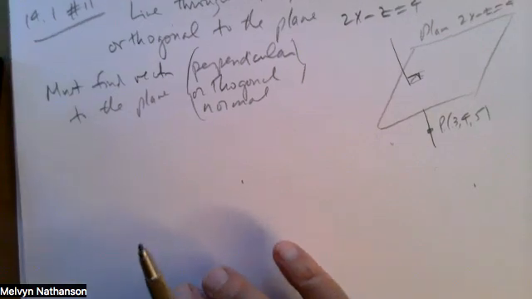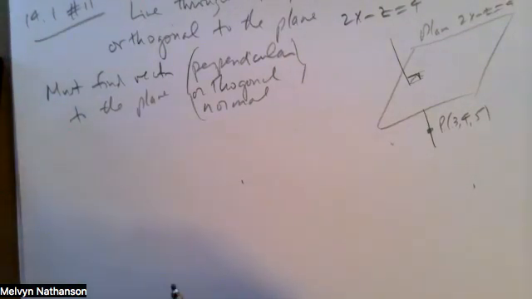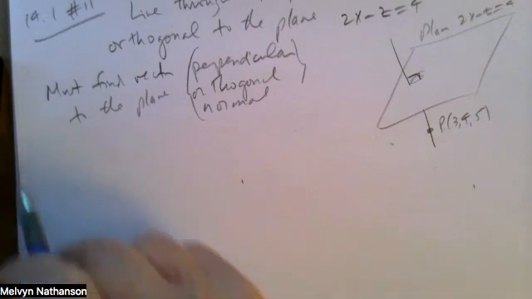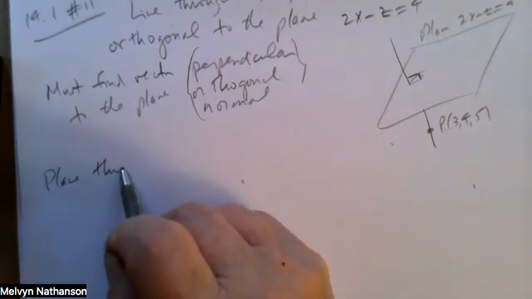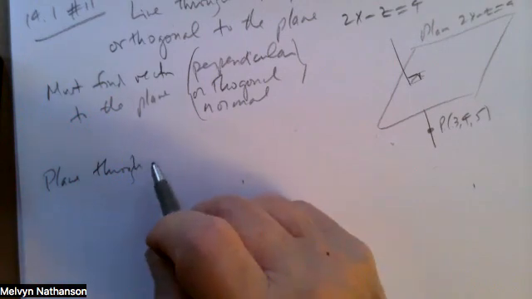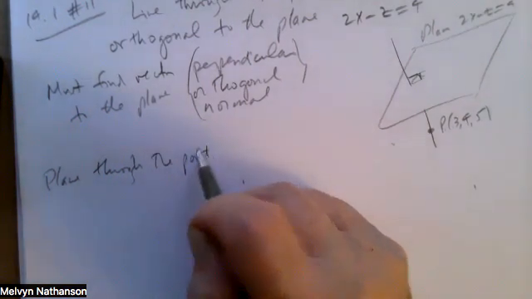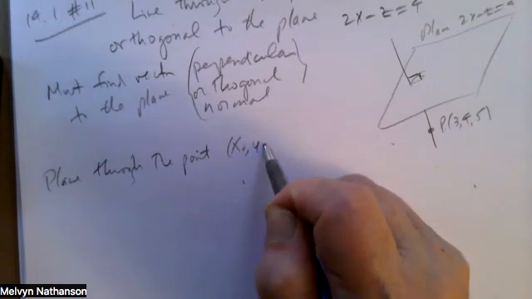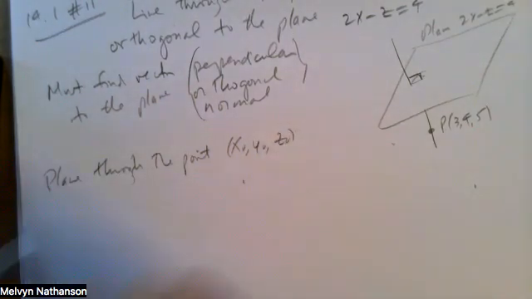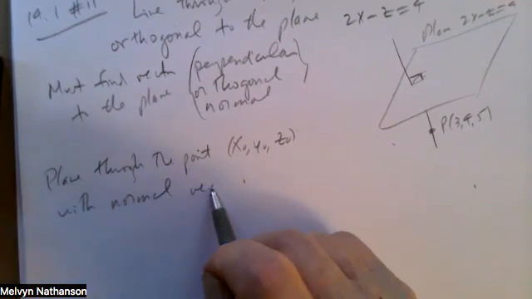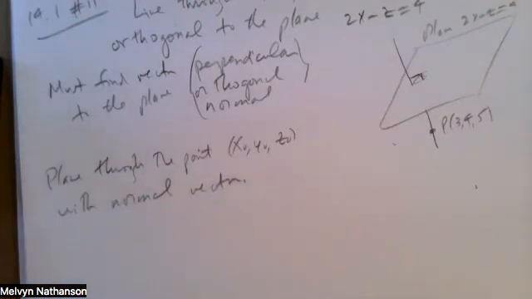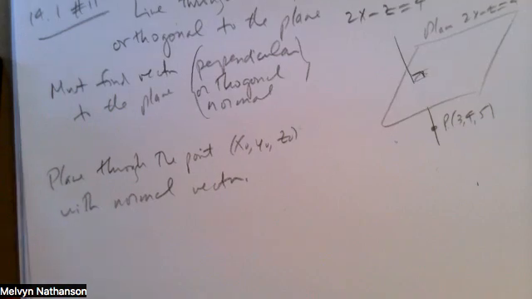So we have to recall how we define a plane. How do we find the plane through the point x naught, y naught, z naught with normal vector? Let me just go back and check the notation that we use for this.